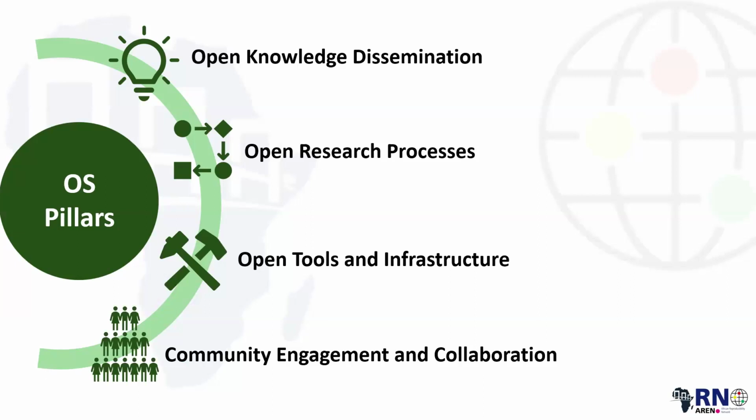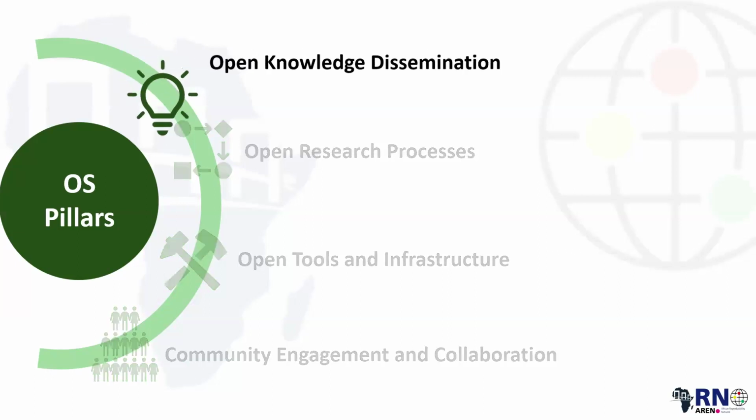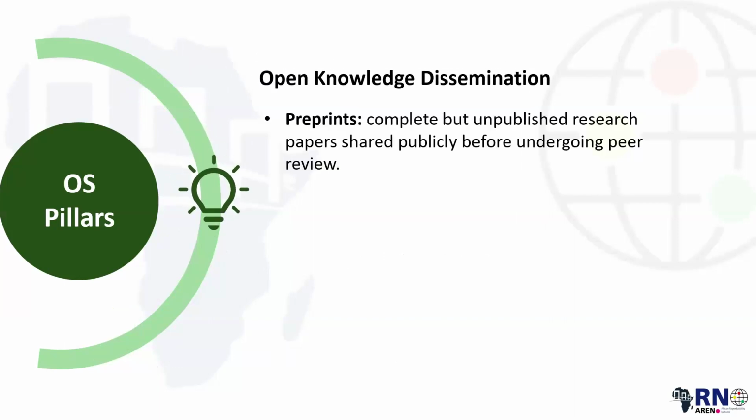For example, in open knowledge dissemination, we have preprints, which you're going to learn more about as we go through this training program. Preprints are simply complete manuscripts that are not yet published in peer-reviewed journals, but they are publicly available.